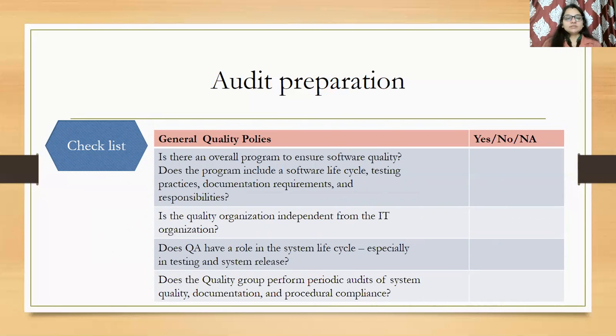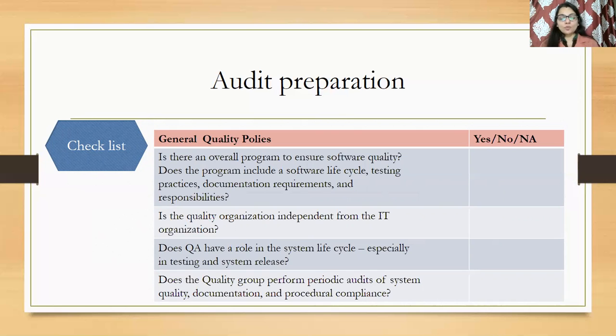General audit policies: is there an overall program to ensure the software quality? Is the quality organization dependent on the IT organization? Is the quality organization independent from the IT organization? Does QA have a role in the system life cycle, especially in testing and system release?